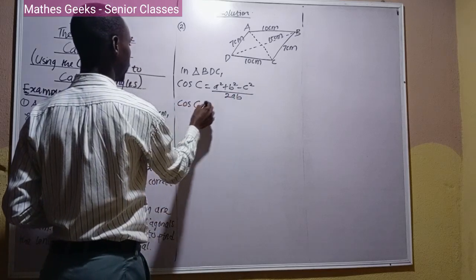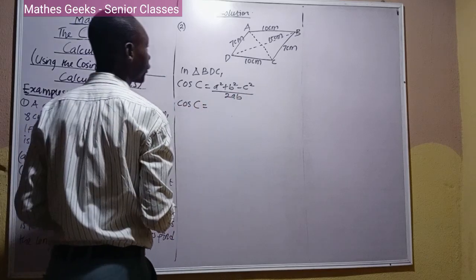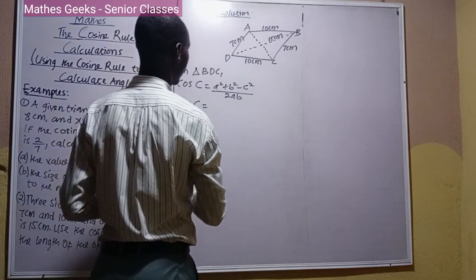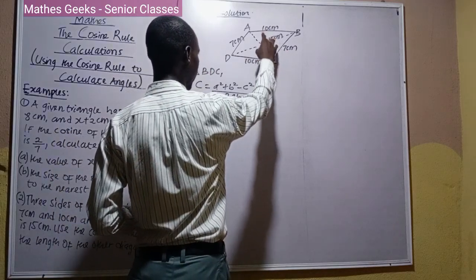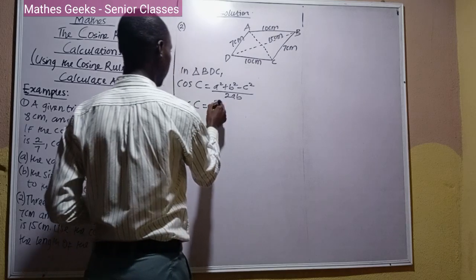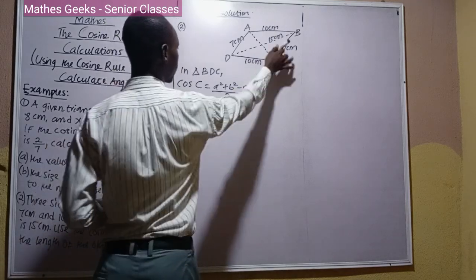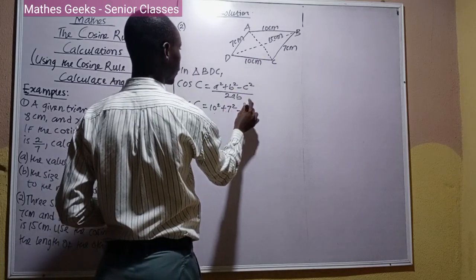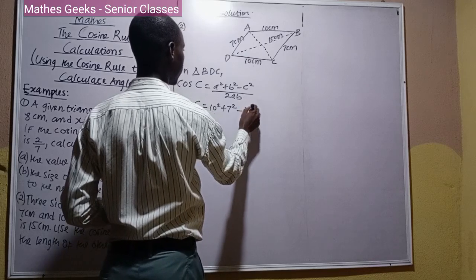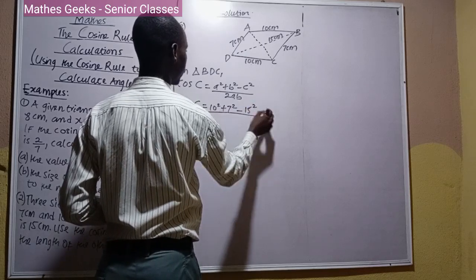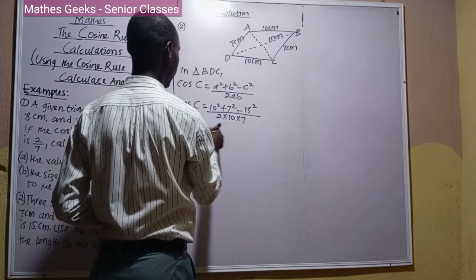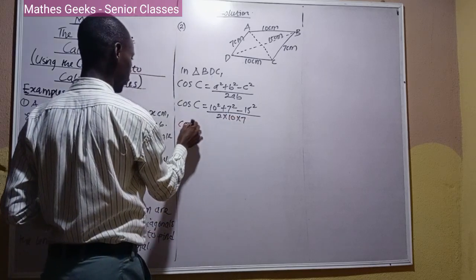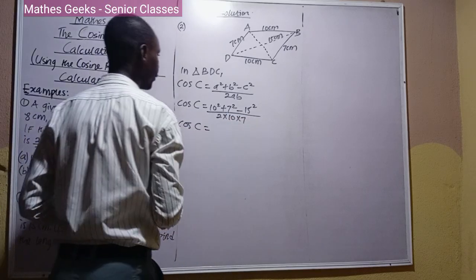Since c here is 15, our a here can be 10. So 10 squared plus 7 squared minus 15 squared, over 2 times 10 times 7.